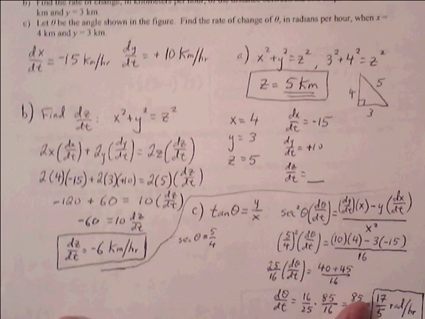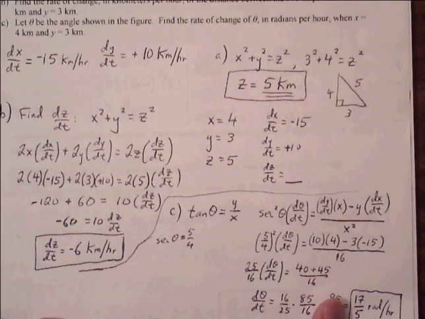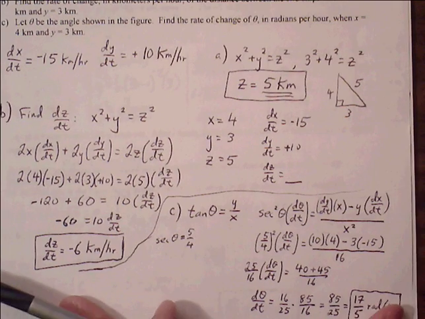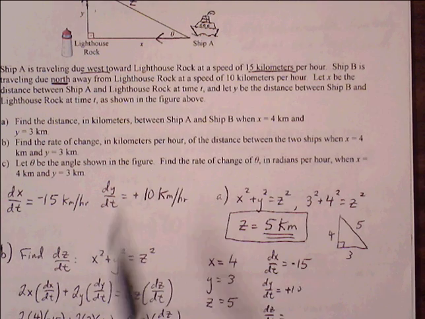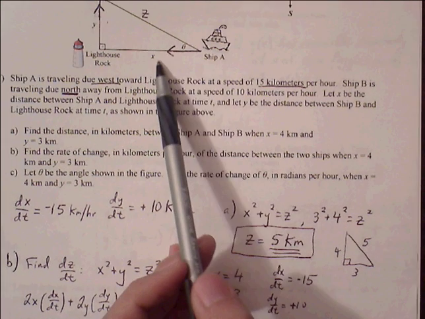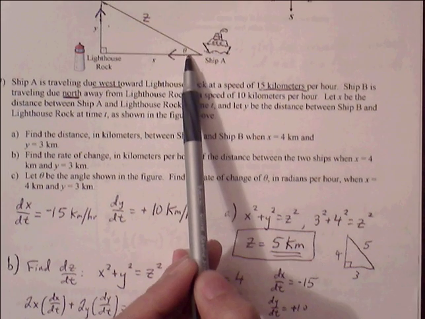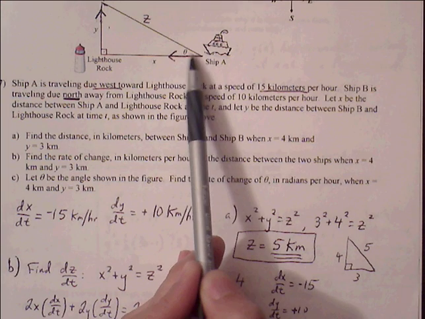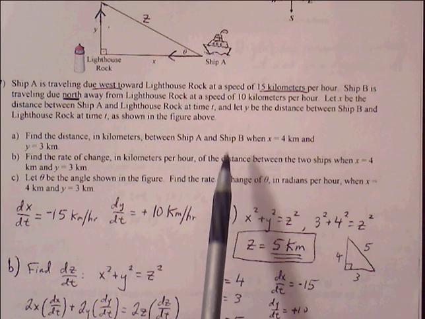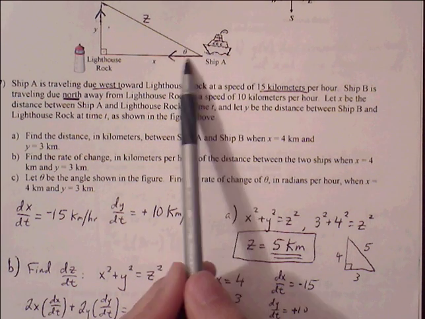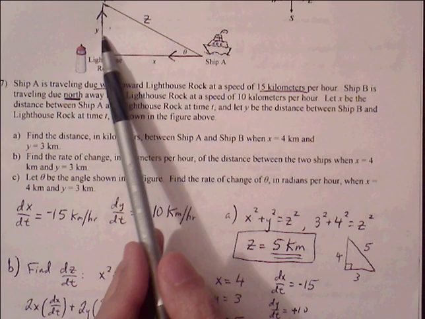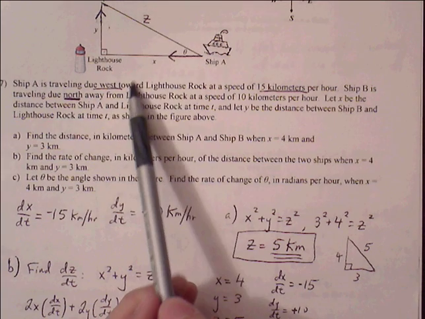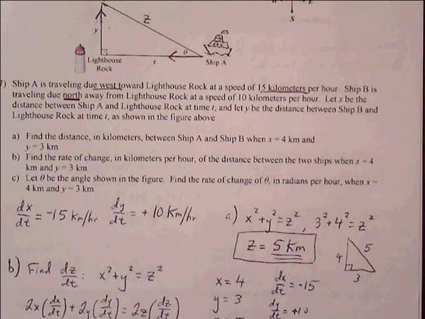Okay. Part C, let theta be the angle shown in the figure. Find the rate of change of theta in radians per hour when x equals 4 and y equals 3. Now, usually with these problems, to find the rate of change of the angle measure, d theta dt, it's not always, but a lot of times we just have to rely on tangent to get us to that.